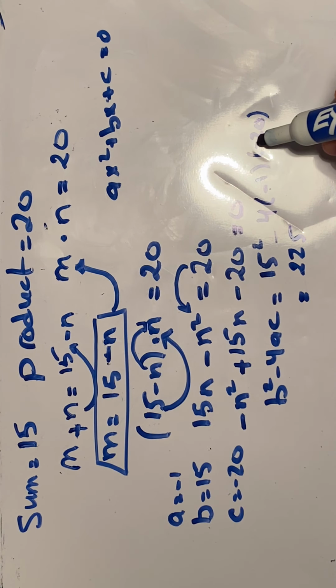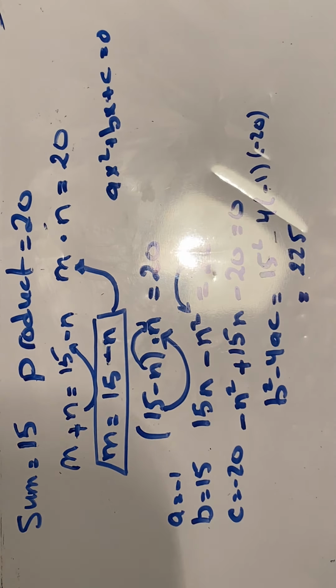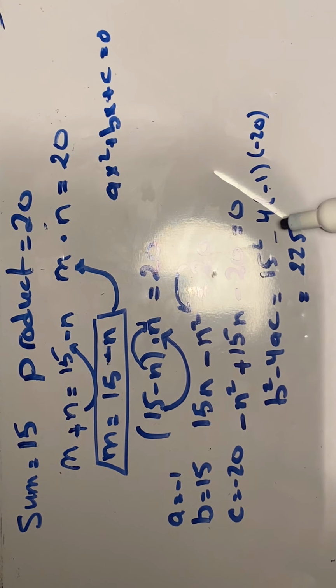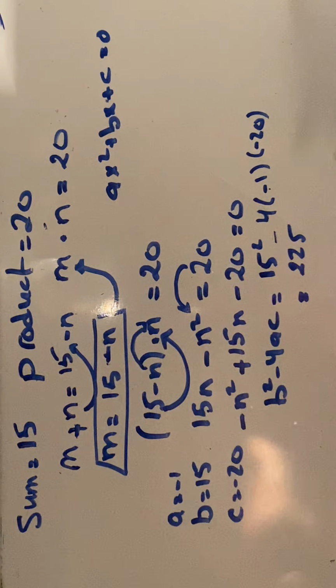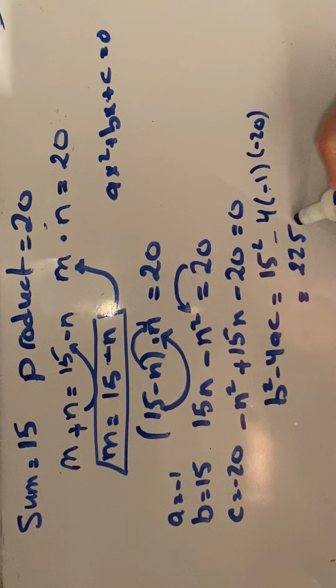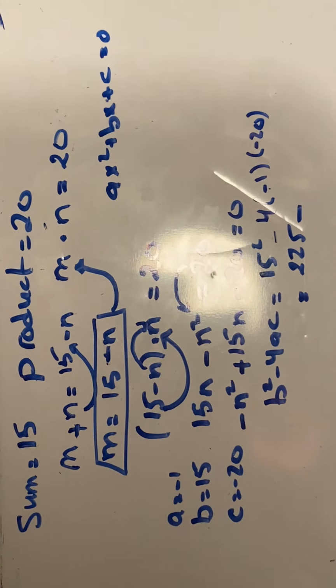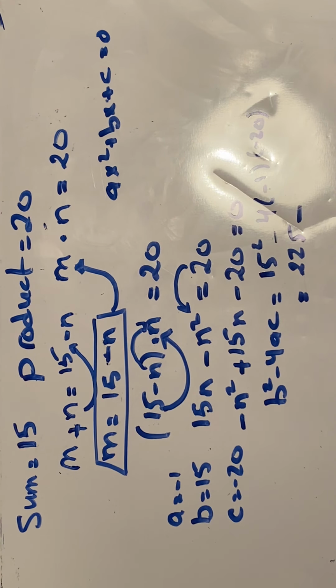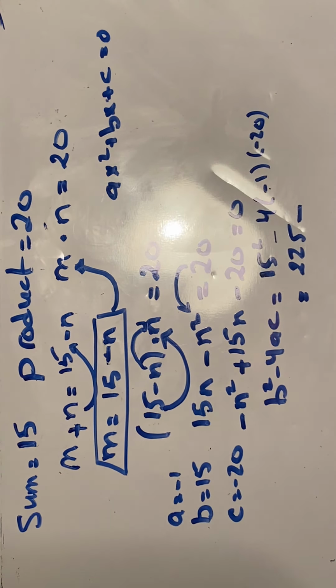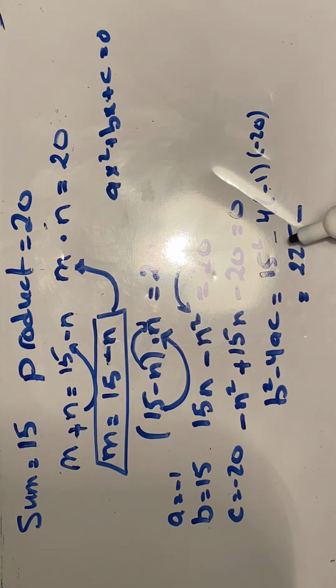Negative times negative times negative, that is negative. 4 times 1 times 20 is 80.